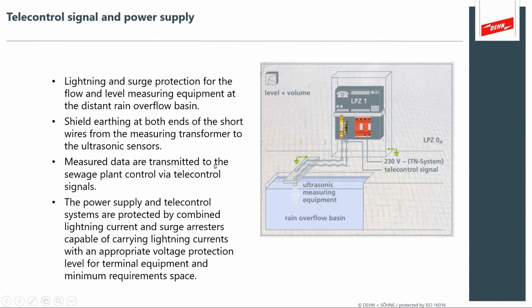What's really important is that we're tracking the shield of that cable. We're looking at the earthing of all of the systems, and we're monitoring the flow of water and wastewater with very delicate electrical control systems.